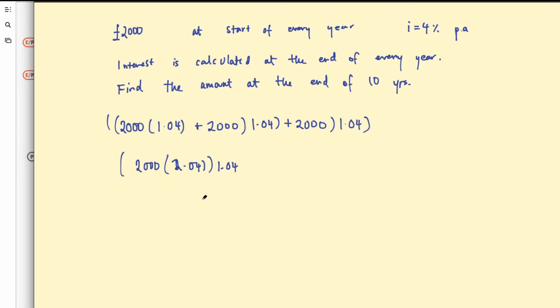So there's a bit of an added complication. Let's see. Although it could be that simple.